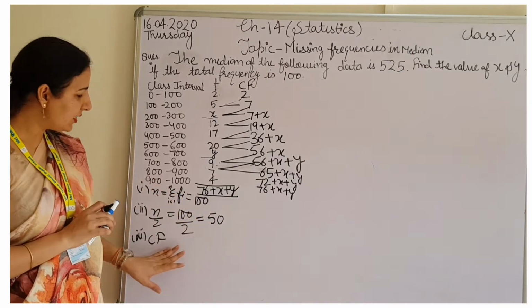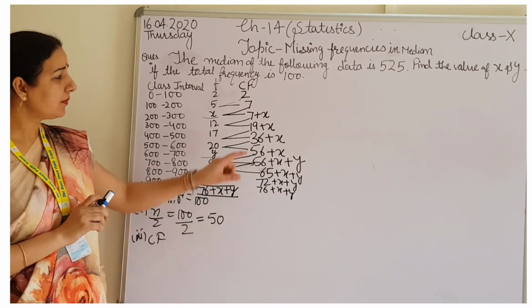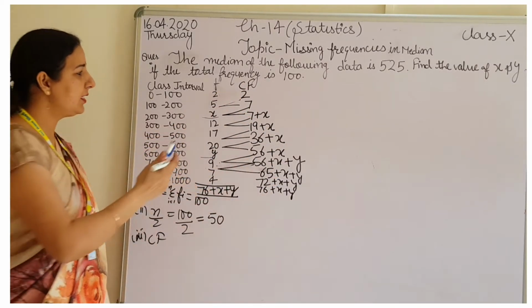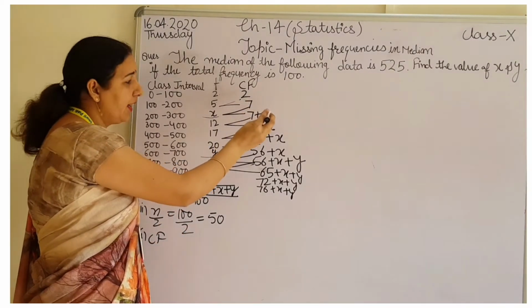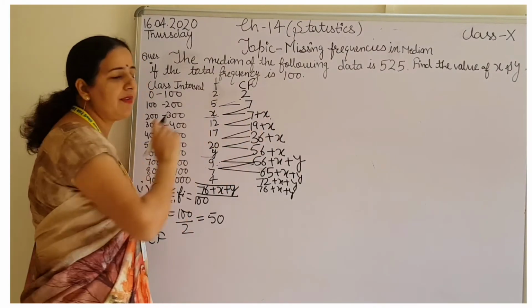The number that is just greater than n by 2, and n by 2 is 50. So can you tell me which number is just greater than 50? This number is not greater, this number is not greater. But we can't say about this because we don't know the value of x.